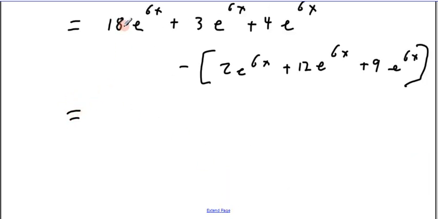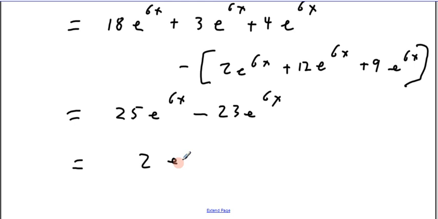Alright, 18, 22, 25. 25 e to the 6x minus 12, 14, 14 and 9, 23 e to the 6x is equal to 2 e to the 6x.